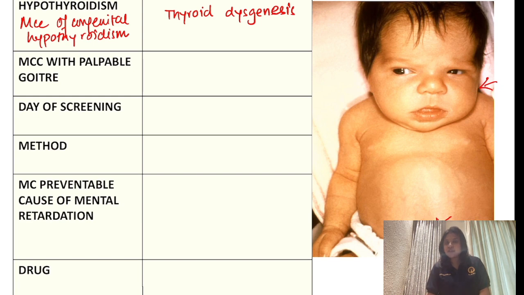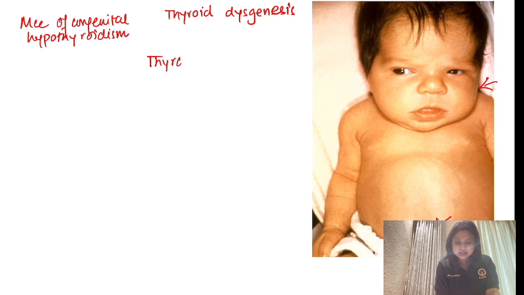So the most common cause is thyroid dysgenesis. Remember, if you are asked the most common cause of congenital hypothyroidism, the answer will be thyroid dysgenesis. But if it is the most common cause of congenital hypothyroidism with palpable goiter, then the answer is going to change. The answer will be thyroid dysharmonogenesis.